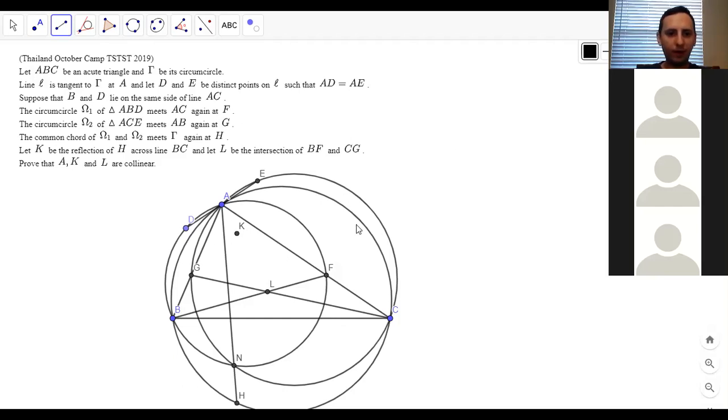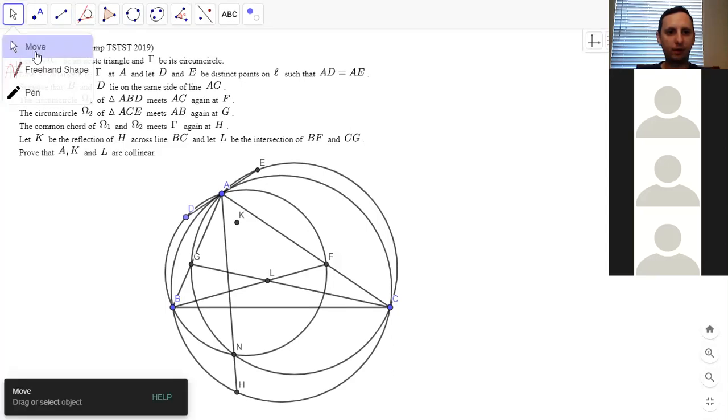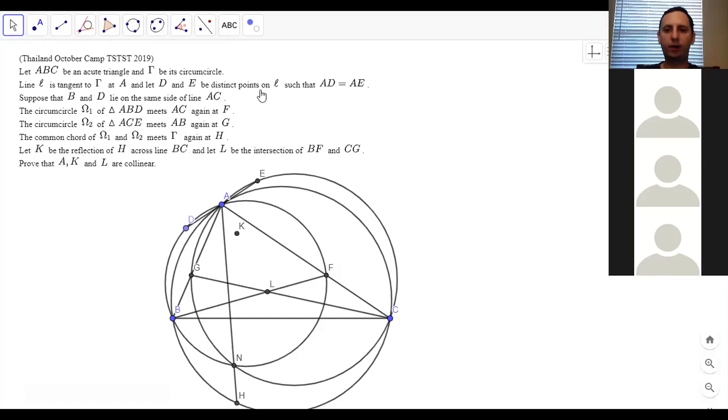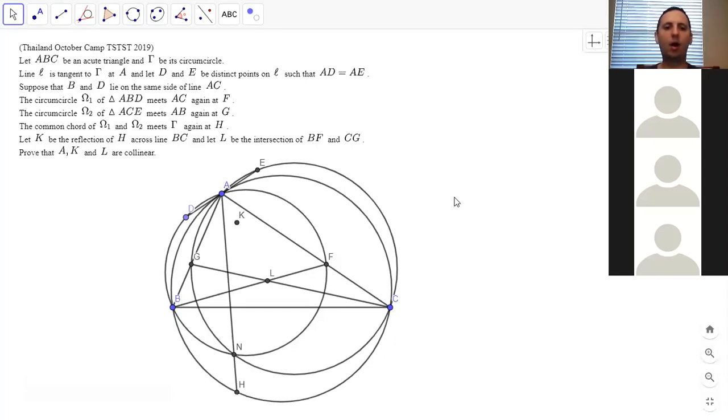So how do you know AH is a symmedian? Actually, how did you know all that? Or how do you know it suffices to prove AH is a symmedian? Oh, because if you take that symmedian, you reflect it, then it's collinear.